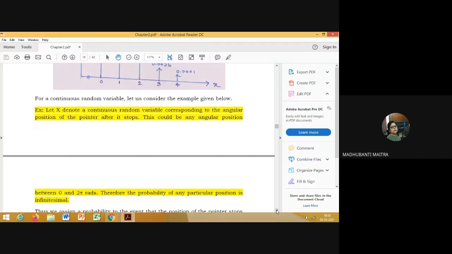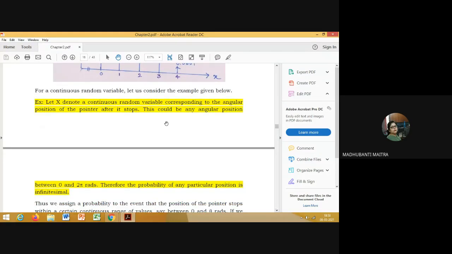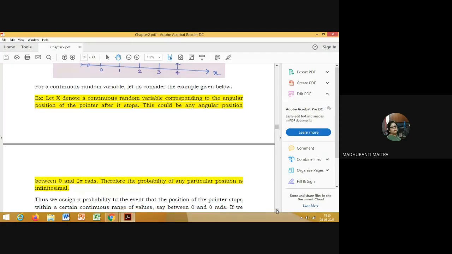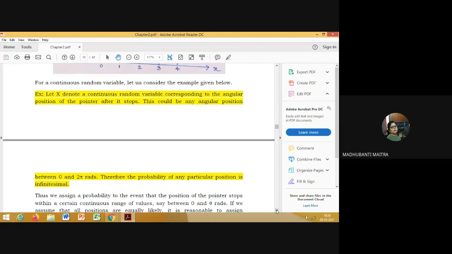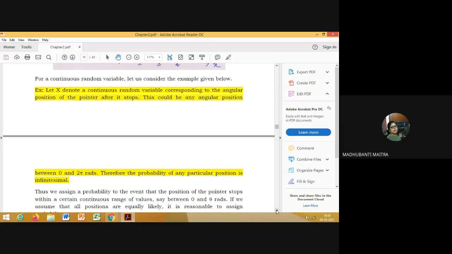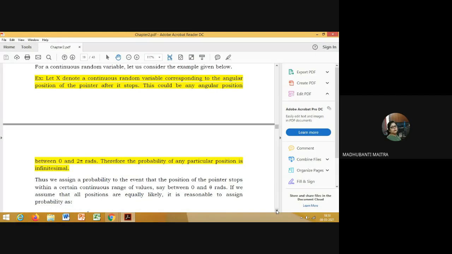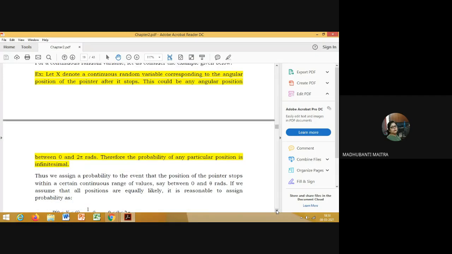Now let's consider a continuous random variable corresponding to the angular position of a pointer after it stops, right? So this could be any angular position between 0 to 2 pi. If we consider a wheel, and if we rotate that, and if we assume that a pointer is attached with the wheel, so we know that the pointer can stop anywhere between 0 to 2 pi radians.